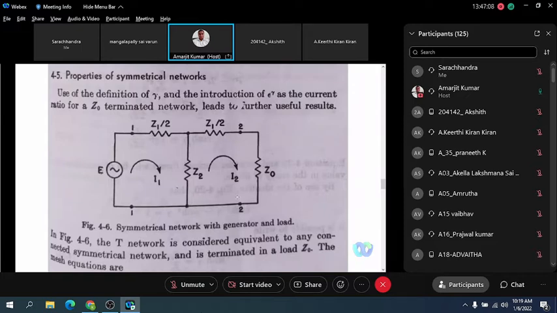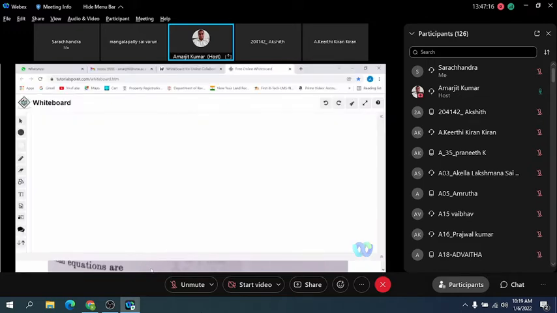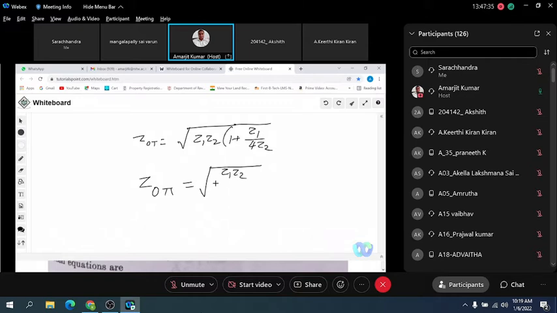In the last class we had done this for symmetrical T and pi sections. For the symmetrical T section, Z naught T was equal to under root of Z1 Z2 into 1 plus Z1 by 4 Z2. And for the symmetrical pi section, this was equal to under root of Z1 Z2 divided by 1 plus Z1 upon 4 Z2.